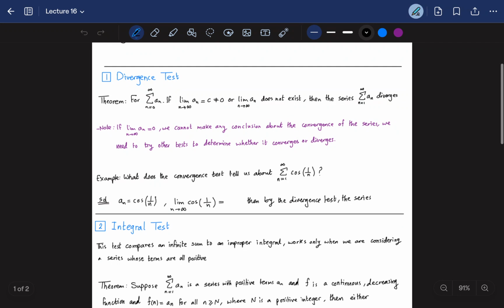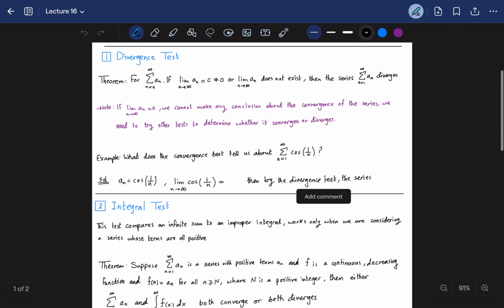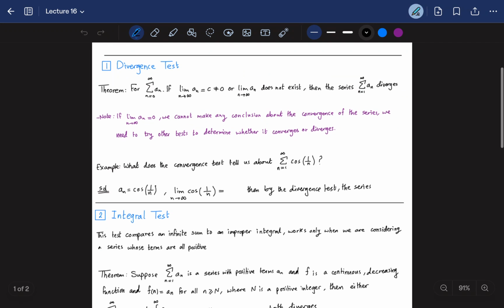So let's start with the divergence test. This one is pretty easy. If you have an infinite sum, and you take the limit of your a_n, if this limit is anything other than 0, so if it's any constant that's not 0, or if your limit does not exist, this means that your series is divergent directly.